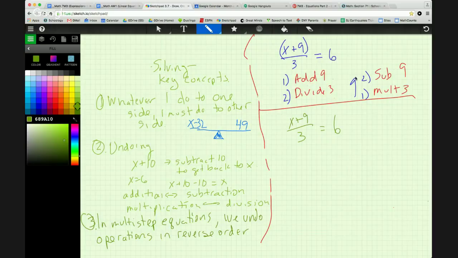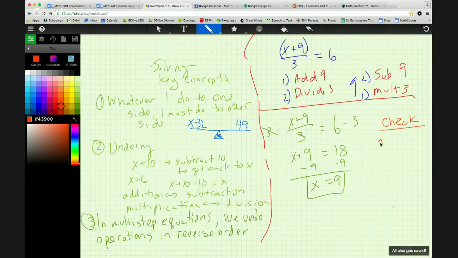This is our undoing, so we're going to multiply both sides by 3. When we do that, we cancel these and we get x plus 9 equal to 18. Now we're going to subtract 9, and we get x is equal to, well, 18 minus 9 is 9. And now we're going to move into our check step.